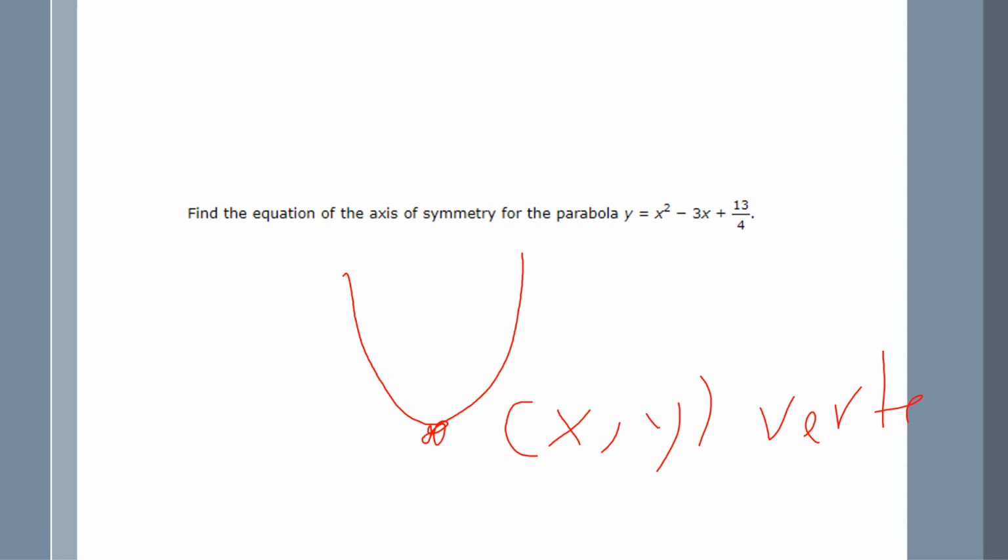And for the axis of symmetry, it's the x part of that tip, which is the vertex. I'm looking for x, only this guy. So when you're graphing this into Desmos, you're looking for that graph where you get the tip from.